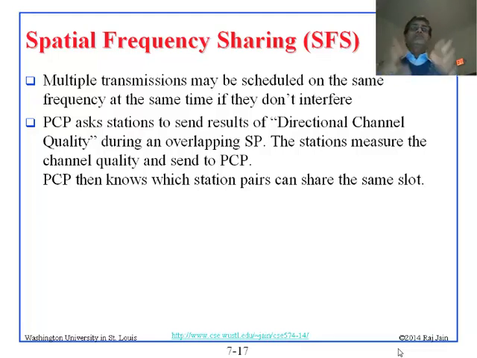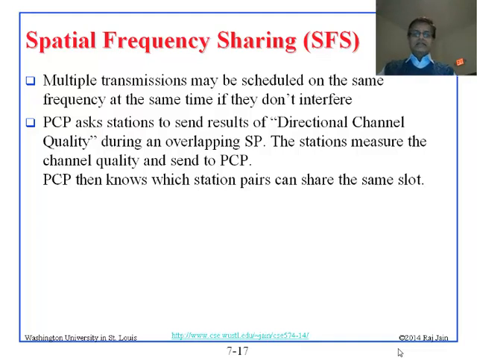So if I ask you two to transmit at the same time, then I will ask, please send me the report as to what was the error rate. If the error rate is high, then I wouldn't do that next time. Right? If the error rate is low, I am happy, you are happy, we are all happy. Right? So that is what is done.